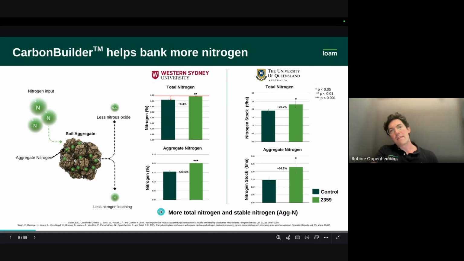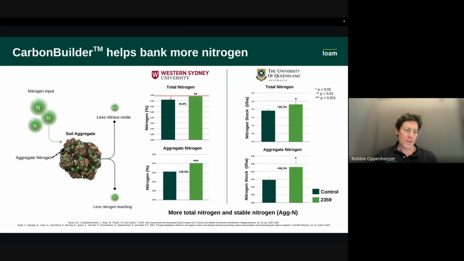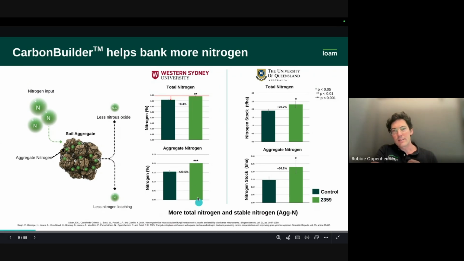So at the University of Western Sydney, Professor Yelima Carrillo and her colleagues ran a growth chamber trial with wheat. And over the course of 18 weeks, they saw a decrease in total nitrogen in the uninoculated control.